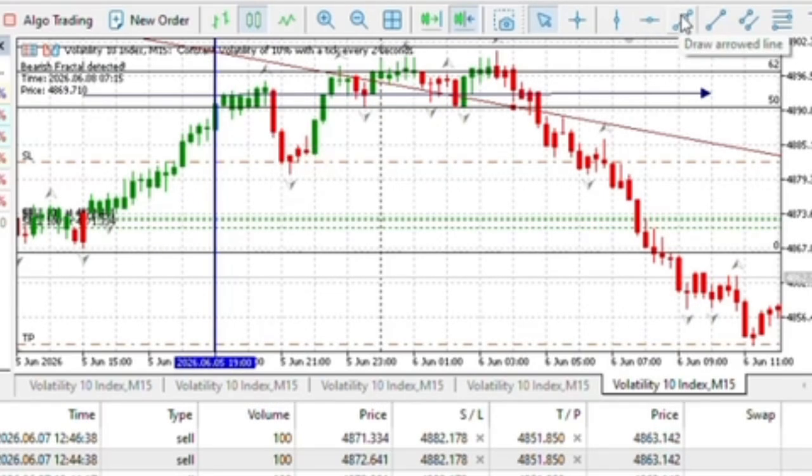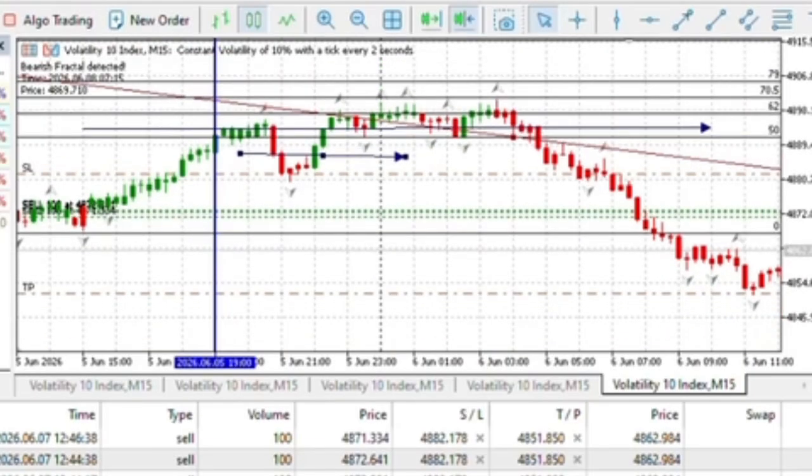Let me mark it out. At the close of this candle, okay, and place your stop loss above 79. Okay, not on it but above it. Place your stop loss there.